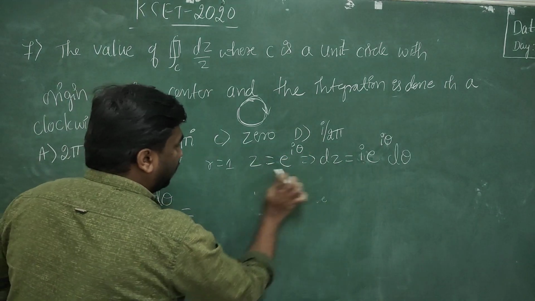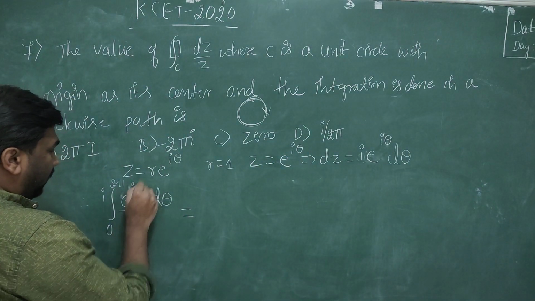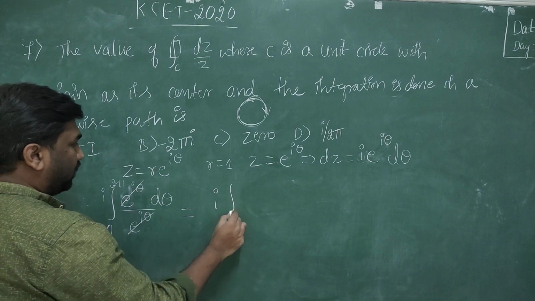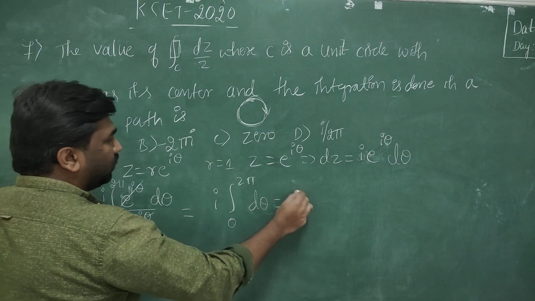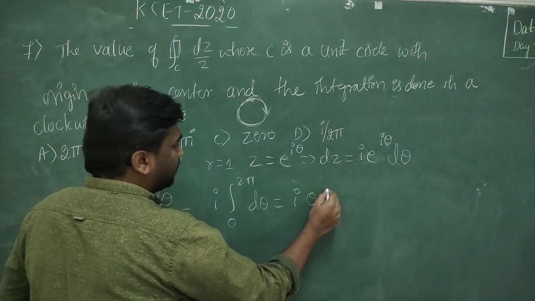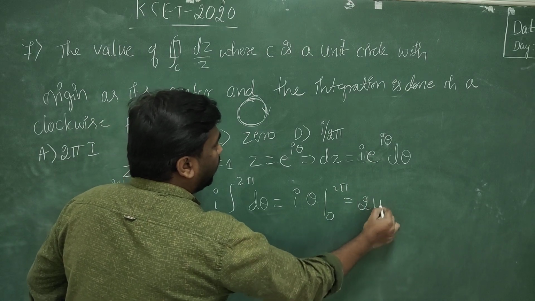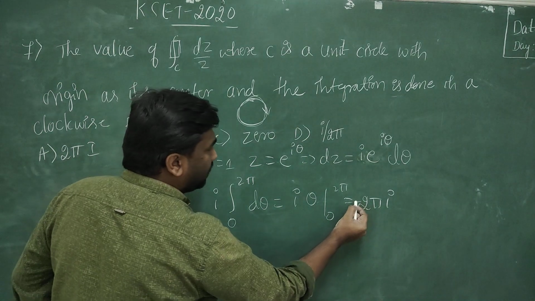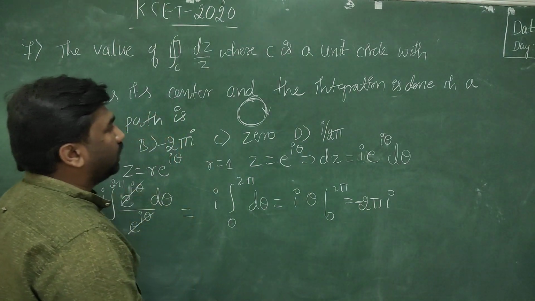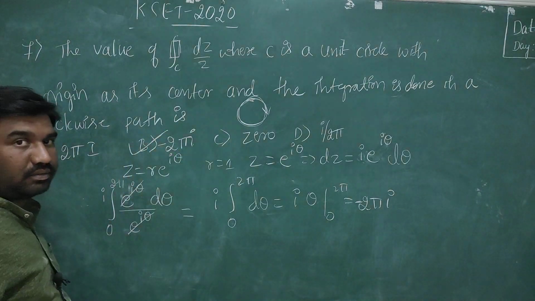Okay, so therefore which is equal to e power i theta cancel, integration 0 to 2 pi d theta, and which is equal to i into theta from 0 to 2 pi, and which is equal to 2 pi i. Because of clockwise direction, let us take this as negative, so minus 2 pi i. Option B is correct.